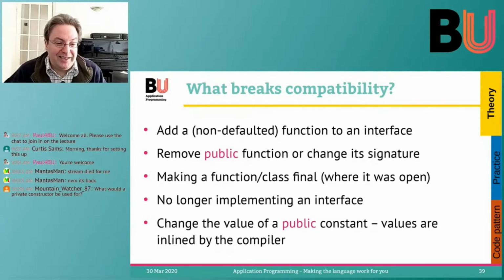Or even then, this is a nasty one, if you have a public constant, if you have a static final primitive in Java or in JVM, what the compiler does, it will actually copy the value and put it in the place where you use that value. And so if you change the value of such a constant, this may be an API breaking change.